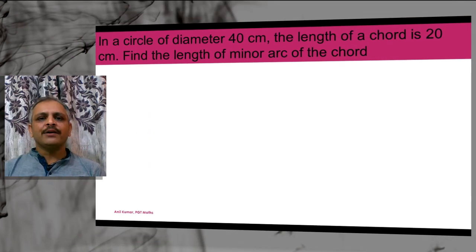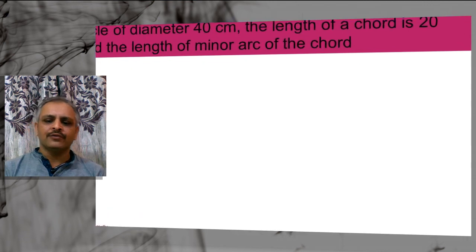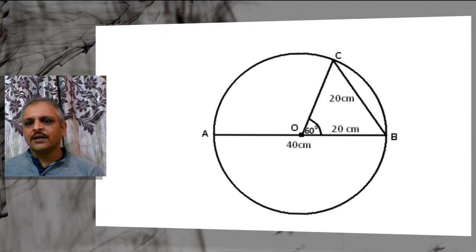In a circle of diameter 40 centimeter, the length of a chord is 20 centimeter. Find the length of the minor arc of the chord. So this is the circle. AB is my diameter of length 40 centimeter. This BC is my chord of 20 centimeter.